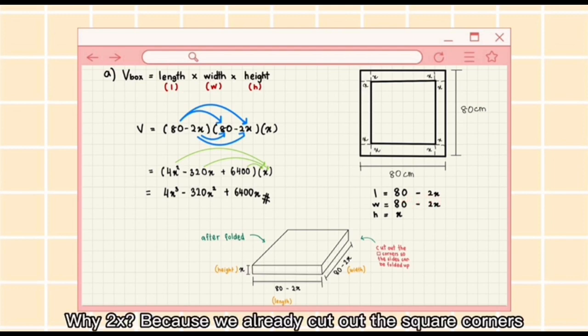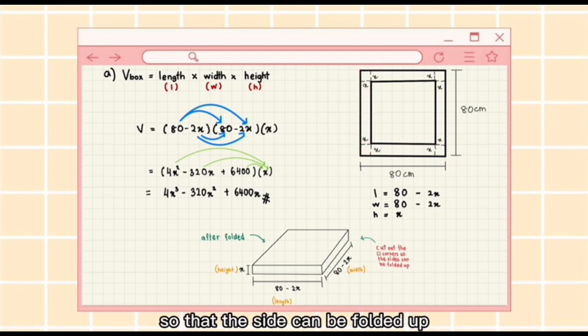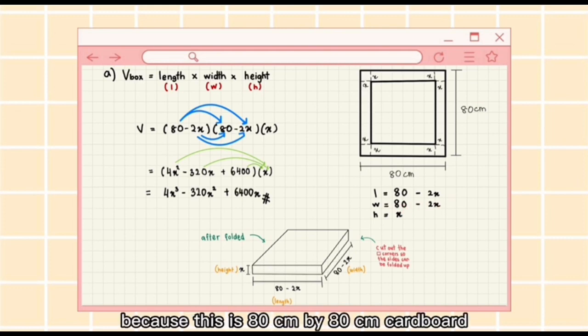Why 2x? Because we already cut out the square corners so that the side can be folded up to form a box like this. And then the width is also the same because this is 80 by 80 centimeter cardboard.